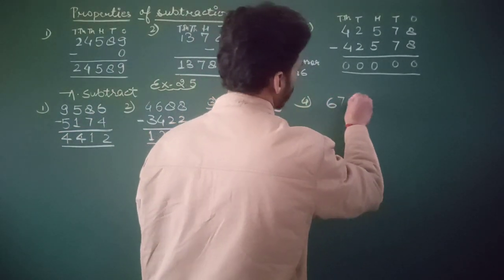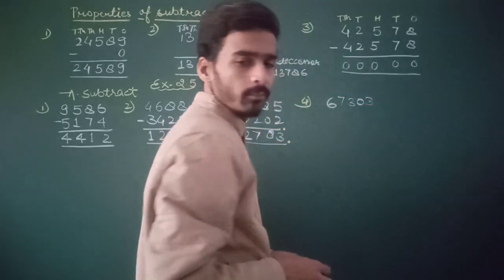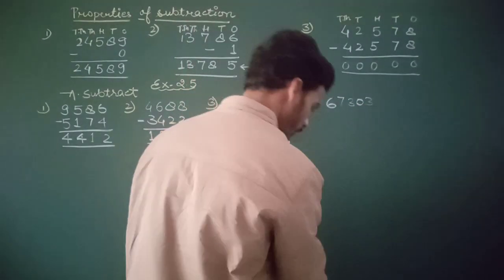Question number 4 is 67,303 minus 46,425.